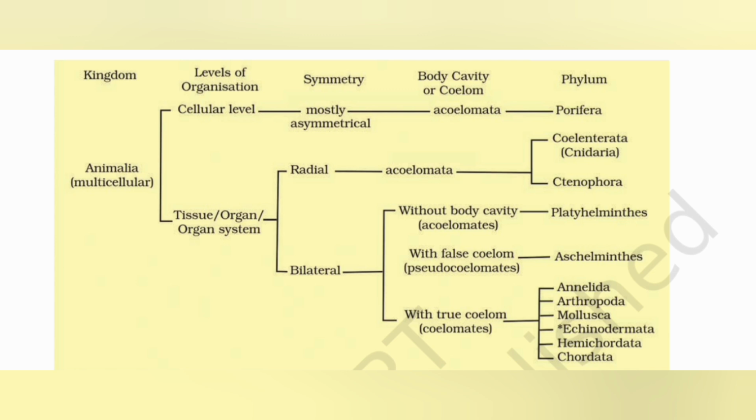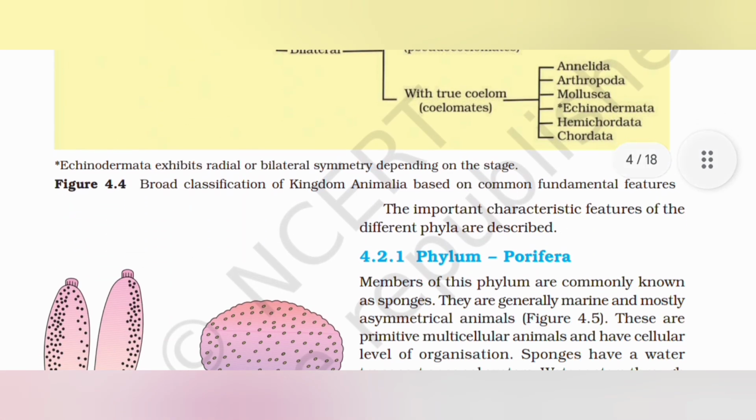Bilateral symmetry: without body cavity, acoelomates, Platyhelminthes; with false coelom, pseudocoelomates, Aschelminthes; with true coelom, coelomates: Annelida, Arthropoda, Mollusca, Echinodermata, Hemichordata, Chordata. Echinodermata exhibit radial or bilateral symmetry depending on the stage. Figure 4.4 Broad classification of kingdom Animalia based on the common fundamental features.